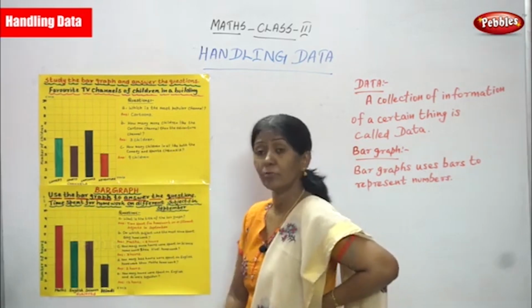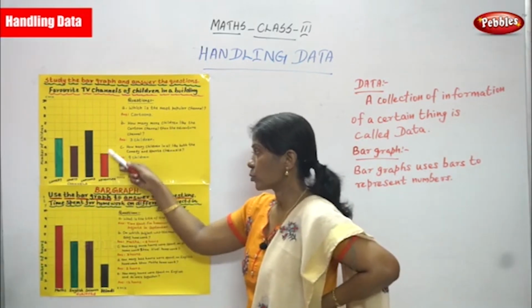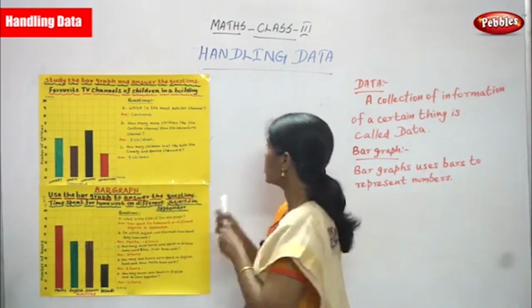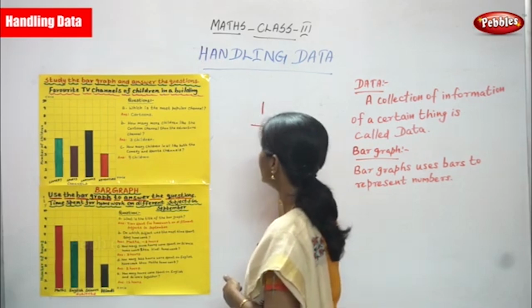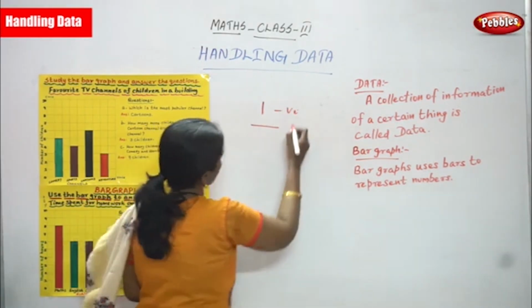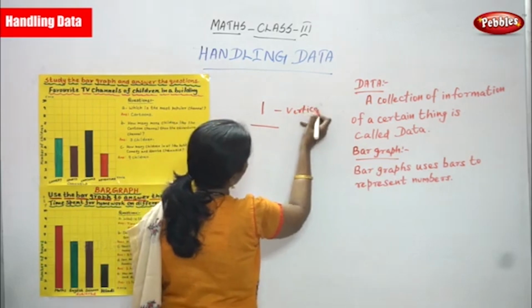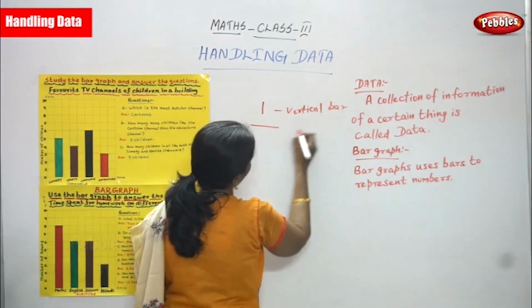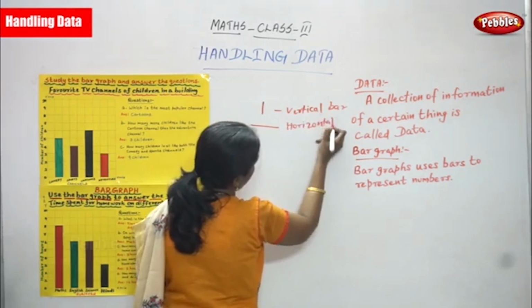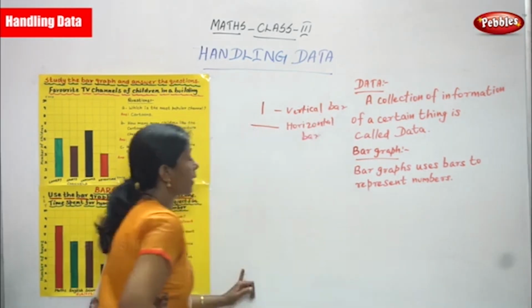This exact information is represented in the bar graph. This is called a vertical bar because it's straight. Vertical means straight; this is vertical and this is horizontal. This is a vertical bar and this is a horizontal bar. Look at this diagram.